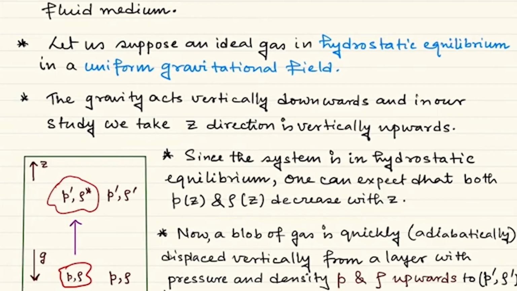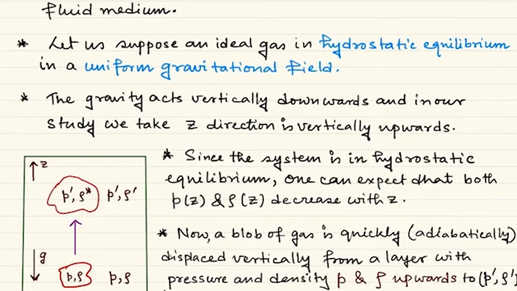So the layer below had pressure and density respectively P and rho, and from this the blob is now displaced to a level where the surrounding pressure and density are given by P prime and rho prime. Now remember, before perturbing, everything is in equilibrium, so for a given layer, I am actually taking the mass of the blob of the fluid, which was an indistinguishable entity from the surroundings before taking it.